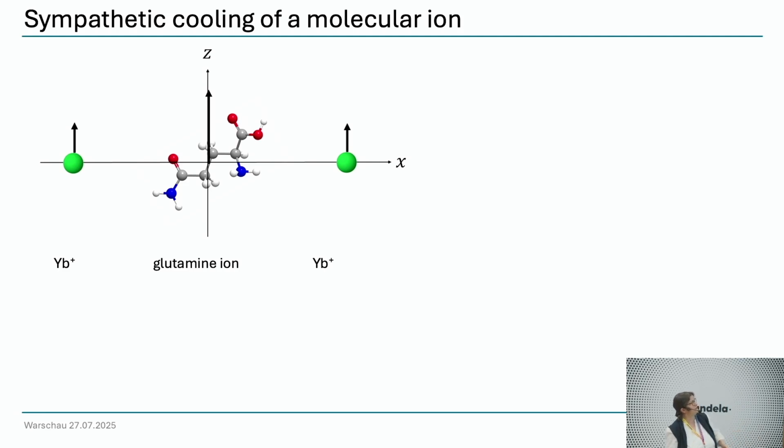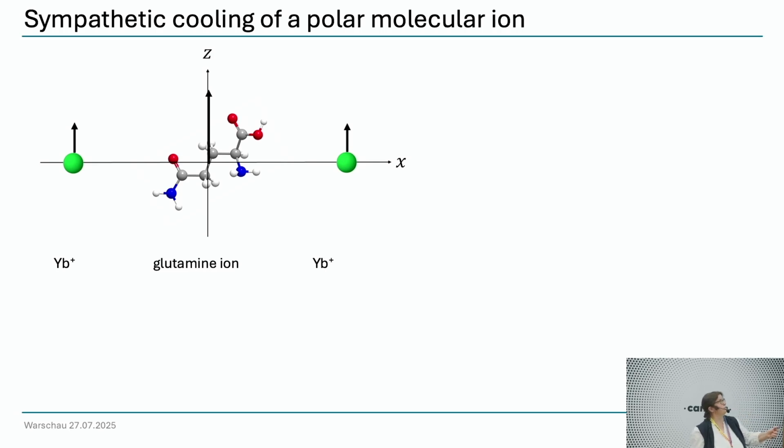So this is the setup we are looking at. We have a rather large molecular ion, in this case a glutamine ion, co-trapped with two ytterbium atoms. And they perform a collective motion in this trap. We calculated the normal modes and found that for this center of mass mode, the motion of the atoms and the molecules are coupled.